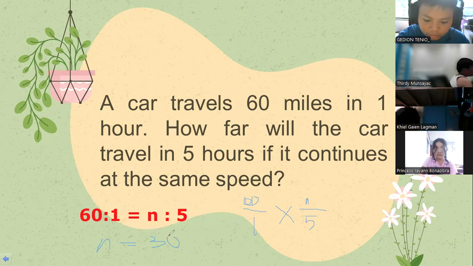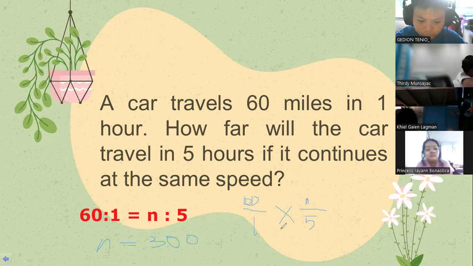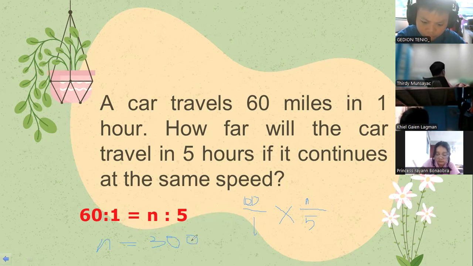So 300 and 1n. So 1 times n is n, and then 60 times 5 is 300. That's why the answer is 300.